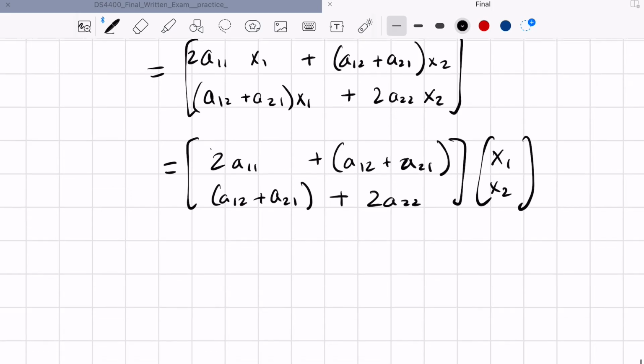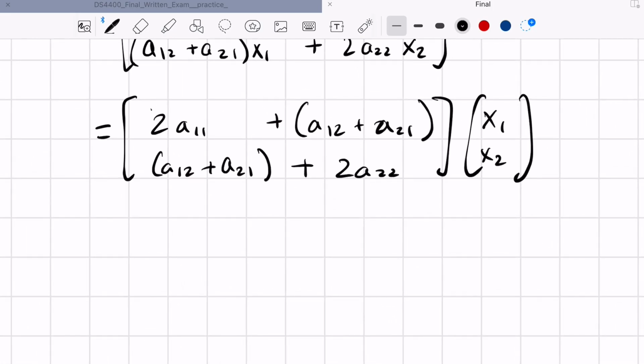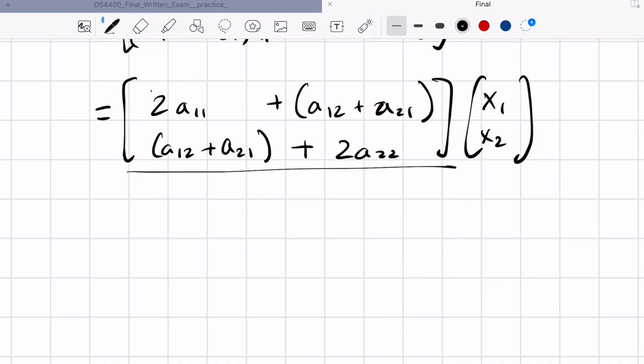The final thing we can do is simplify this.